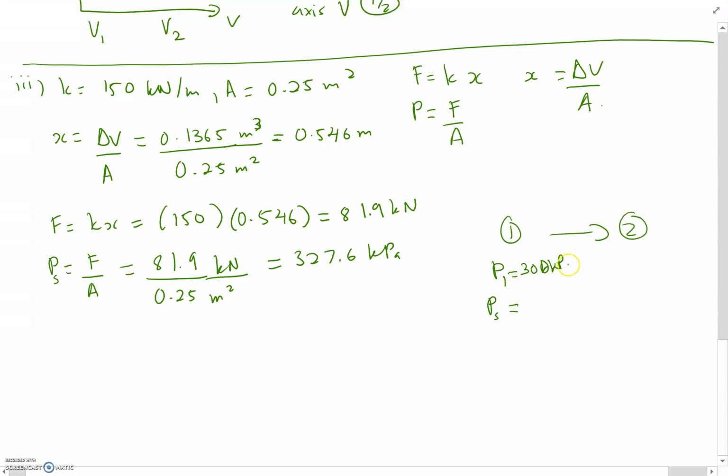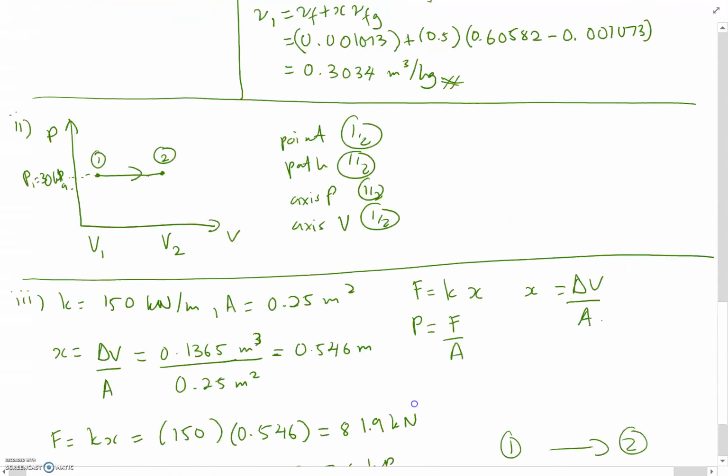So P1, 300 kilopascal, plus 327.6 kilopascal, the total pressure, and this is the P2. Therefore, P2 is actually equal to P1 plus P extra from the spring loaded. So we will get 300 kilopascal initially plus 327.6 from the spring, equals 627.6 kilopascal.